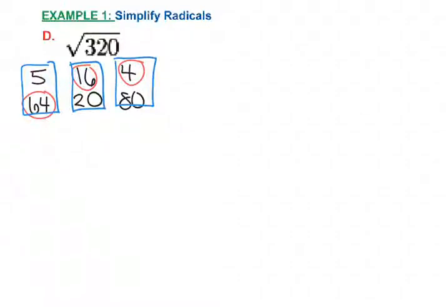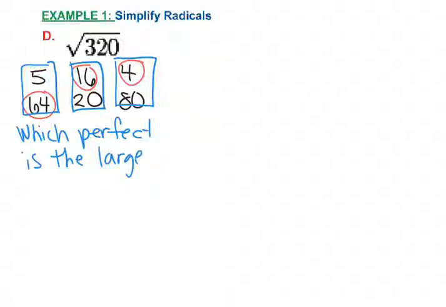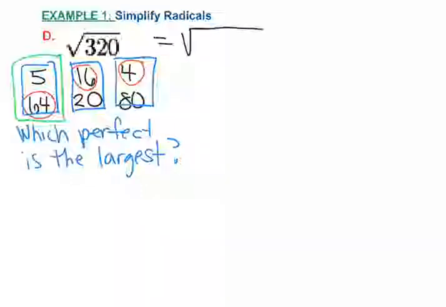The hint that I'm going to give you is which perfect square is the largest. So of 4, 16, and 64, which number is the bigger number? 64. So let's use that factor pair.